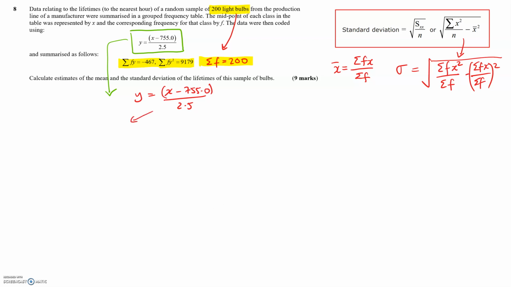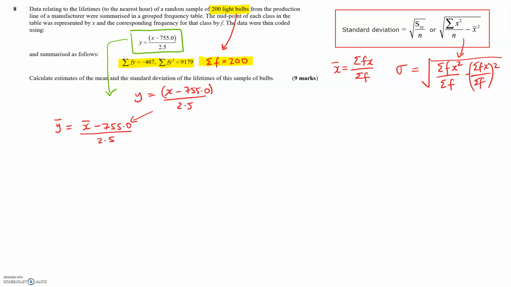So let's have a look at mean. If I was to find the mean of Y, that would be the mean of X, and if I add or subtract numbers to my data, that will affect the mean, and if I multiply and divide numbers to my data, that also affects the mean.